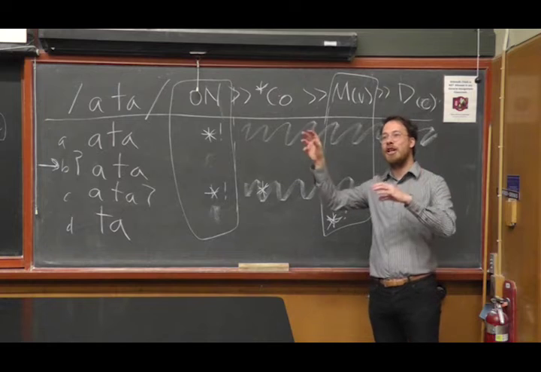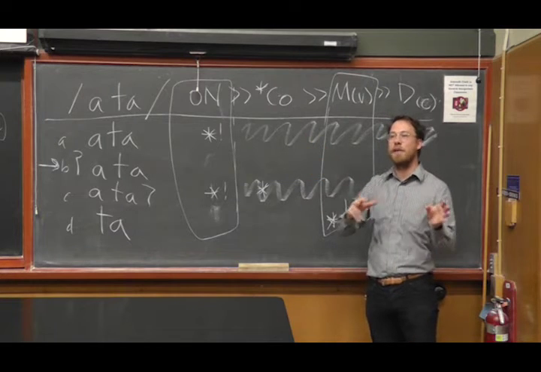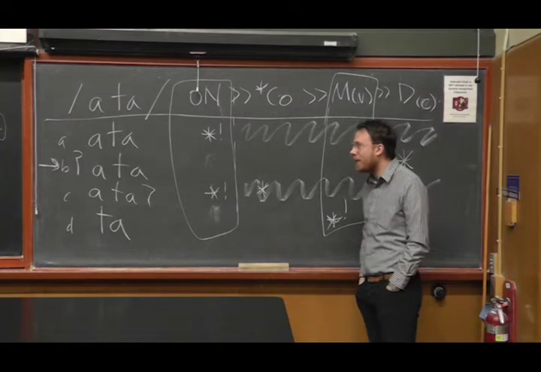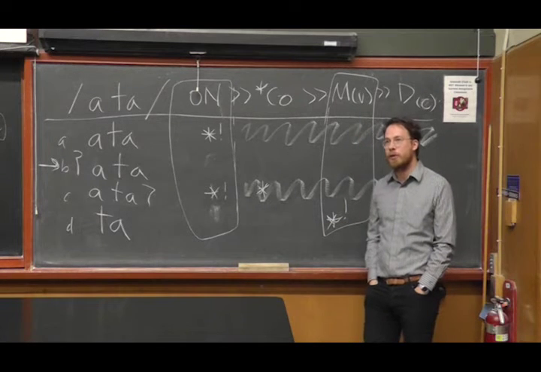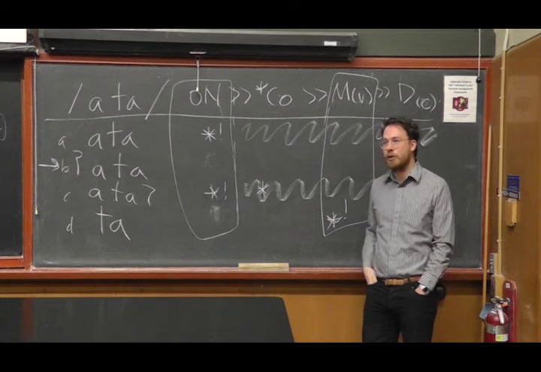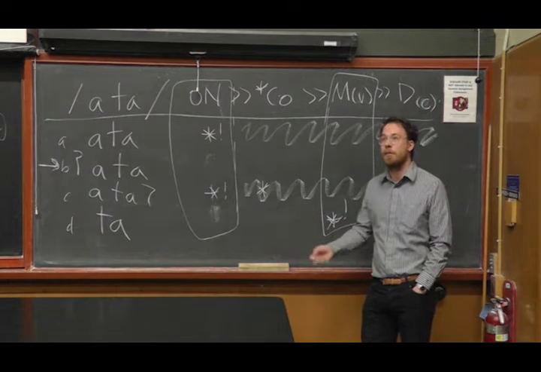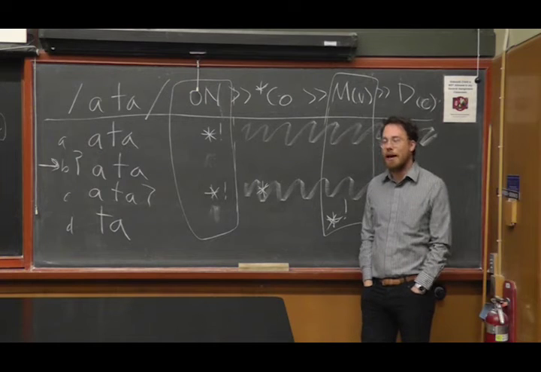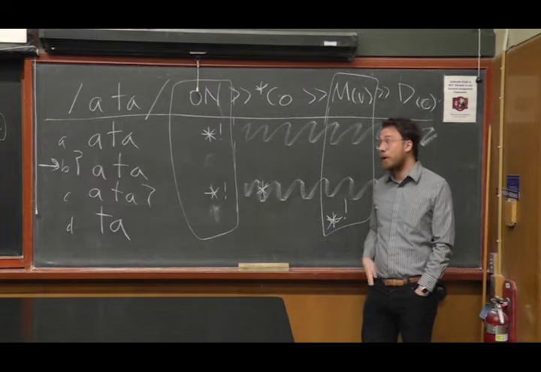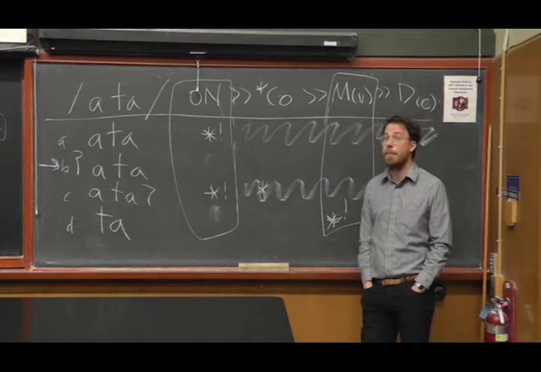Did you just change the ident or did you delete it and put in an E? That is where we have to use our imagination, because it's going to be really difficult to find actual evidence for that because they pronounce the same. But I'd say that's on a case-by-case basis. It would violate something, and if we were not to have that, it would be violating something very high.